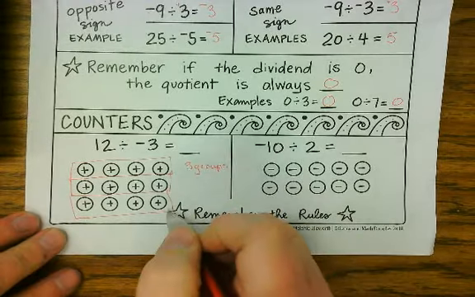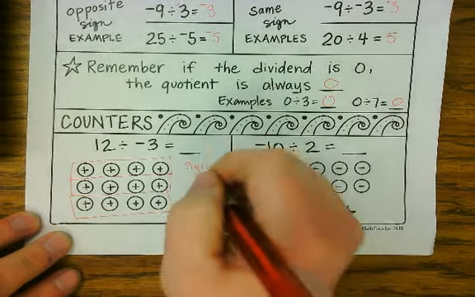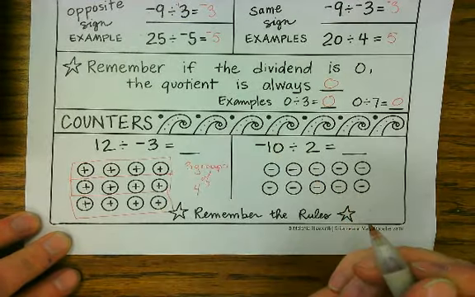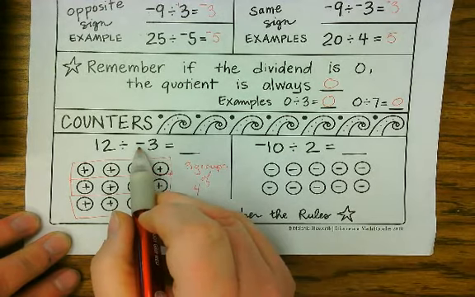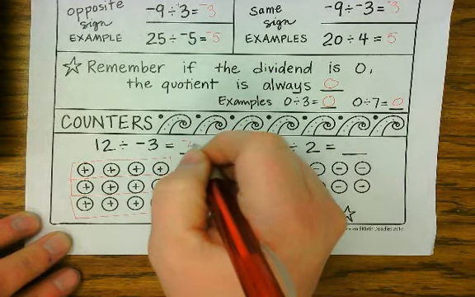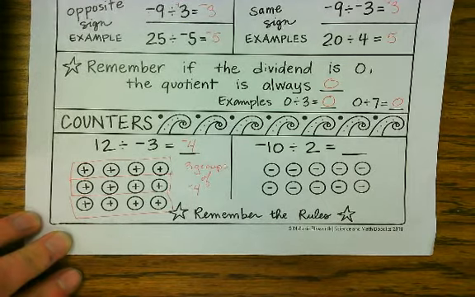Well, in this case, I have 3 groups of 4. But since it says the opposite, I bring that over here also. I have 3 groups of 4, but there are 3 groups of negative 4s.